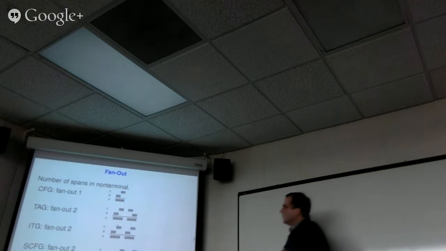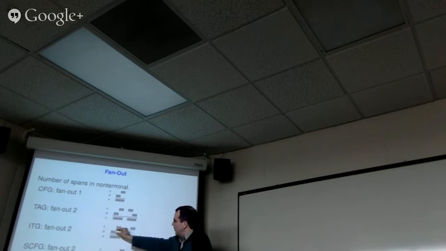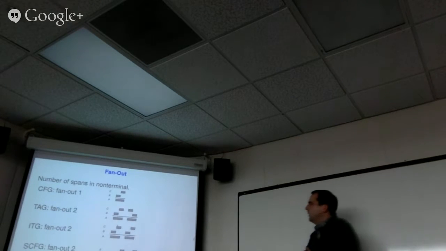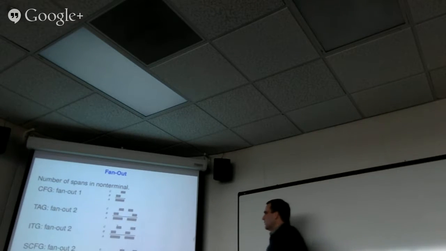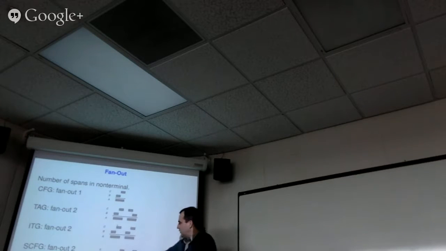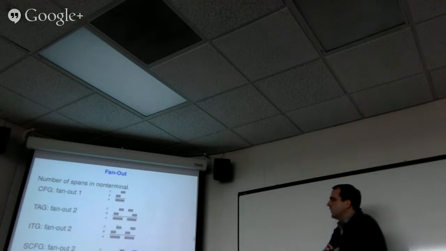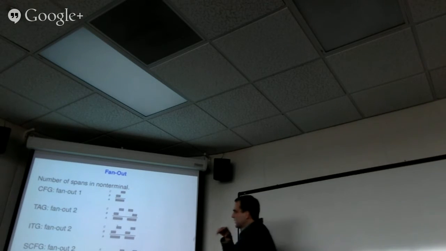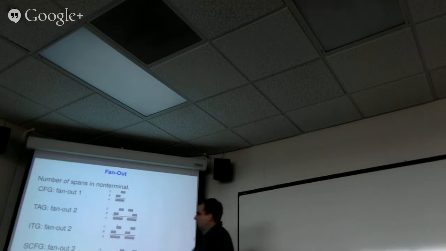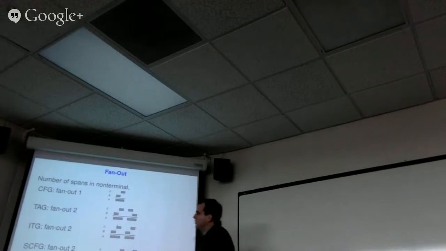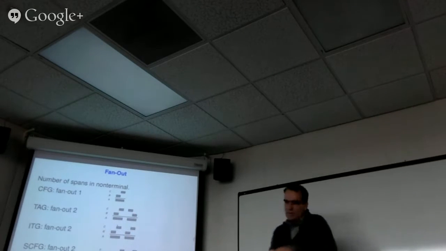Inversion transduction grammar was also 2, so each row here had 2 spans in it, each symbol had 2 spans. The general synchronous context-free grammar is also fan out 2, so it's every symbol has 1 span in English, 1 span in Chinese, so it has 2 spans. So it's not different from ITG yet. Fan out of a grammar is the maximum fan out of any of the non-terminals in the grammar.